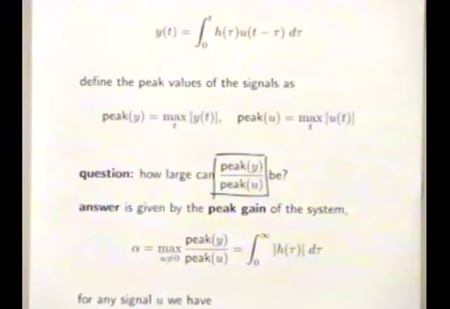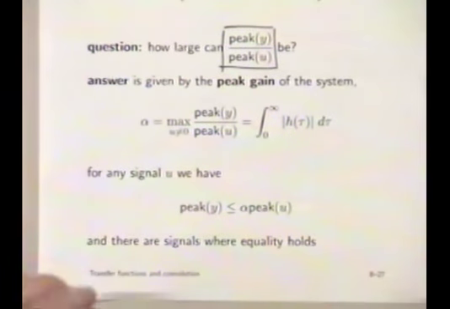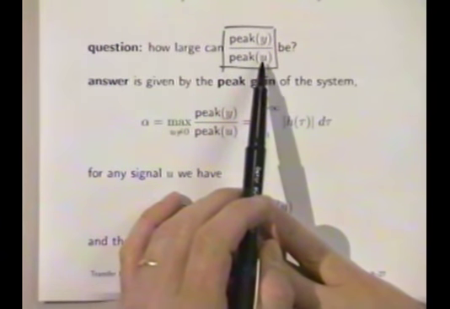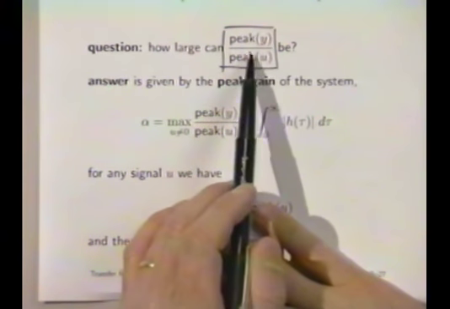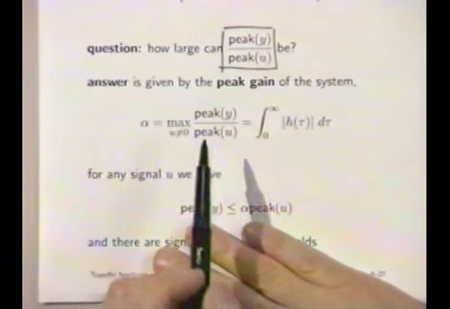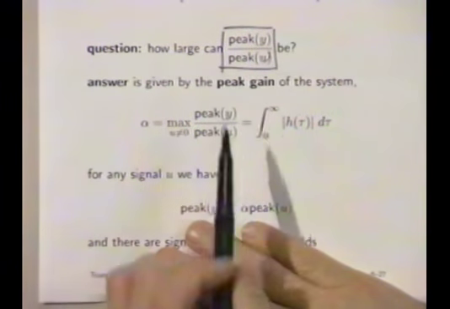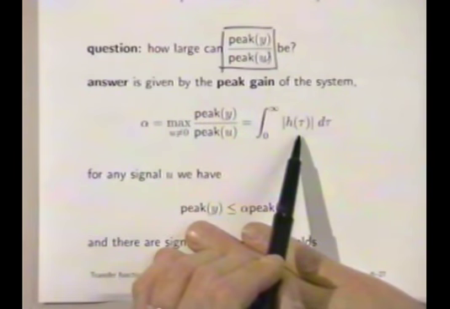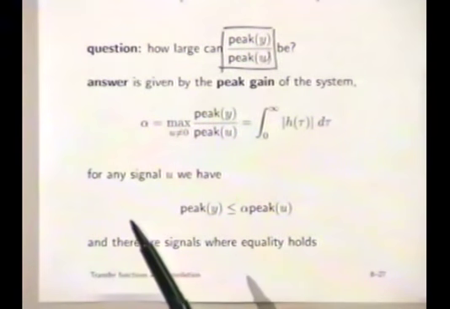It can be low, it can be high. In fact, it can be all sorts of numbers. So if you want to look at the maximum gain, in other words, you find the input signal whose peak is amplified as much as possible by a system, it turns out we'll be able to identify exactly what it is, and this ratio is given exactly by the integral of the absolute value of the impulse response. That's what it gives you.